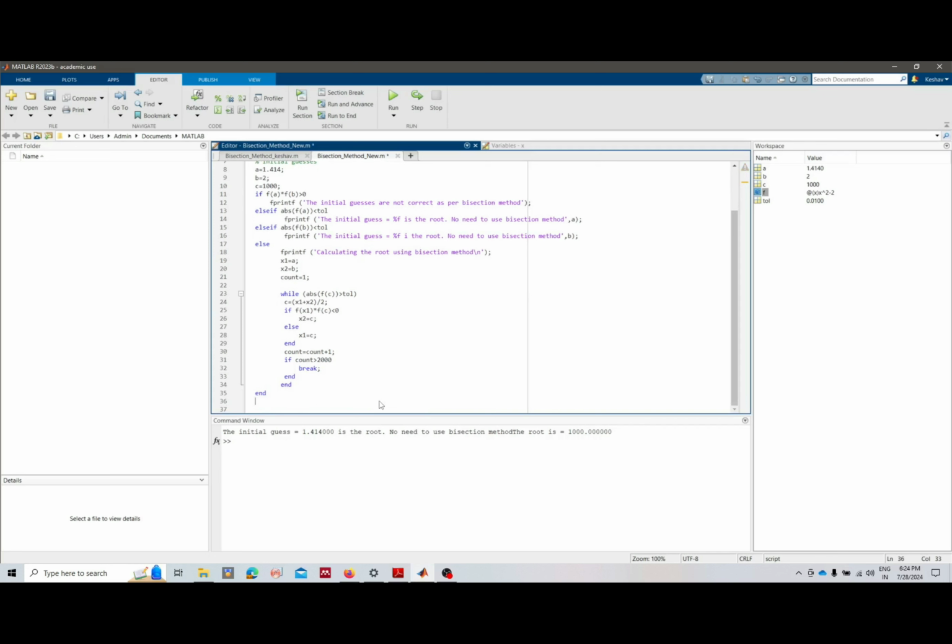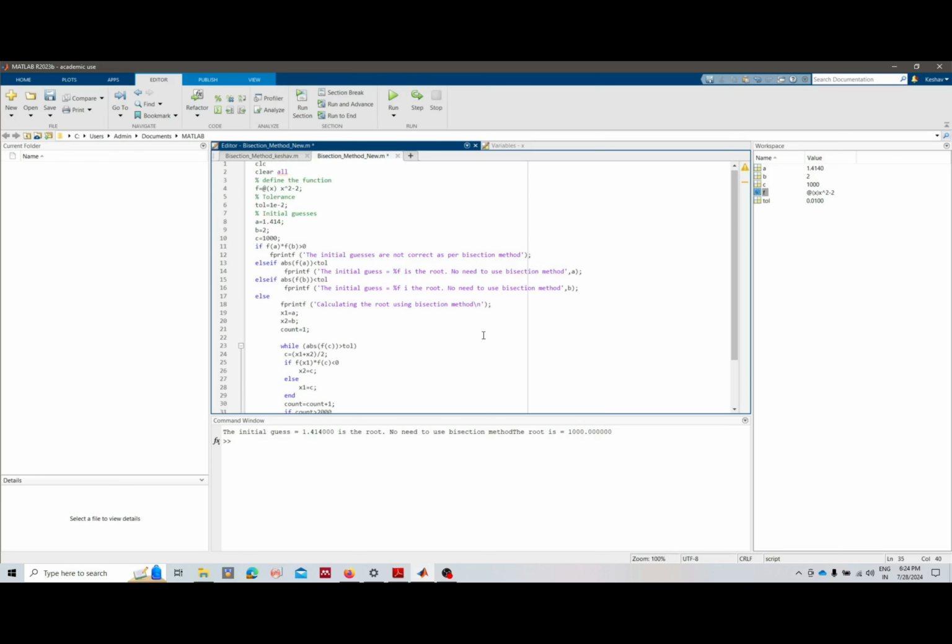Suppose this is 1 and this is 1.414. Then the initial guess is not correct.